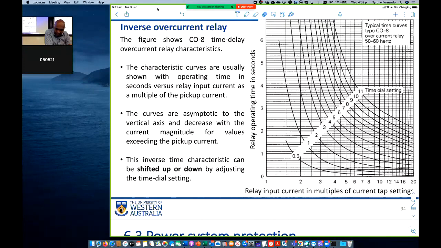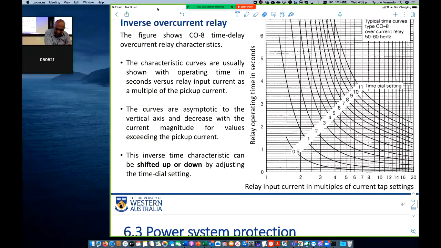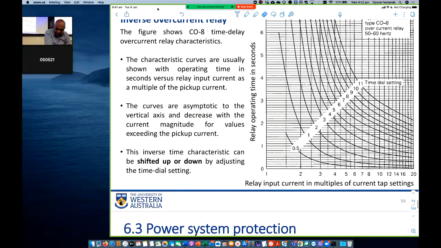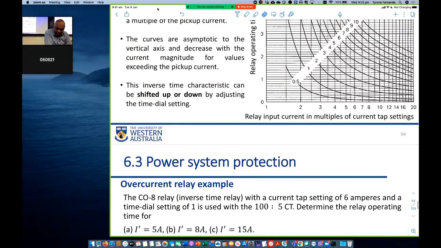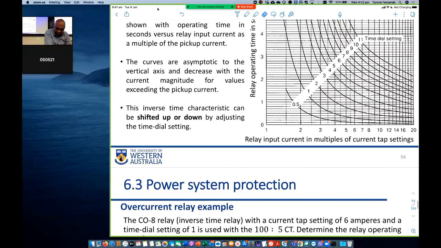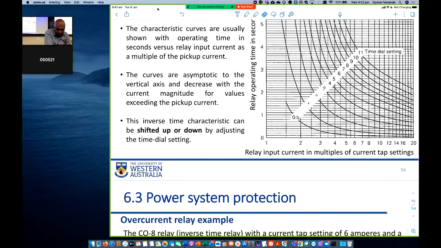The curves are asymptotic to the vertical axis and decrease with the current magnitude for values exceeding the pickup current. So for values exceeding the pickup current, the activation time decreases. The inverse time characteristics can be shifted up or down by adjusting the time dial setting.